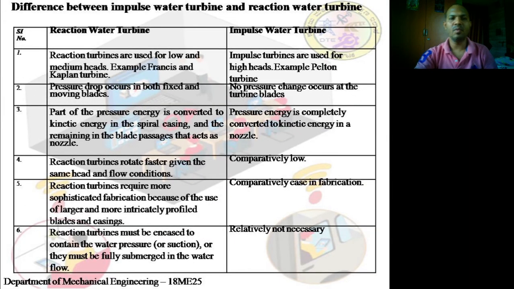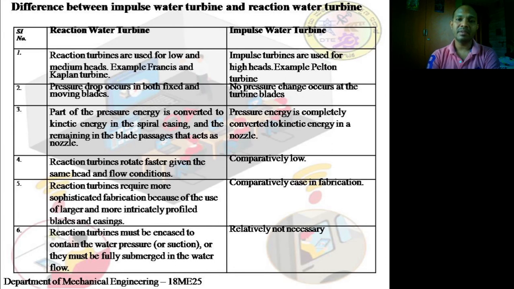Now let us go to the major differences between the impulse turbine and the reaction turbine. We have already discussed the principle of working. The reaction turbines are used for low and medium head, whereas the impulse turbine is only for high head. That means when there is a scarcity of head, the impulse turbines cannot be used.